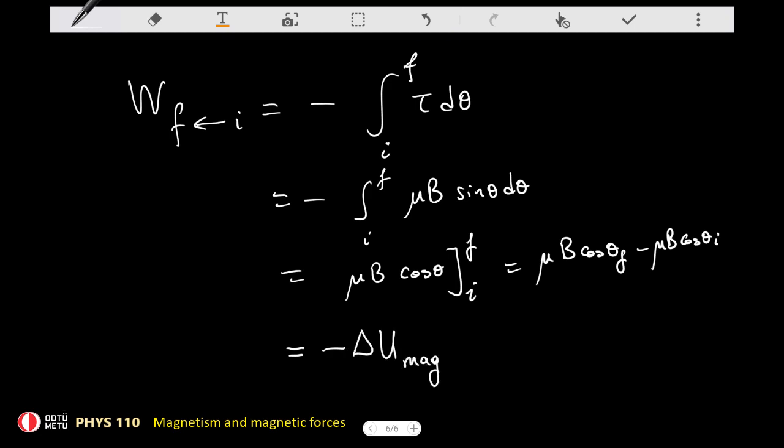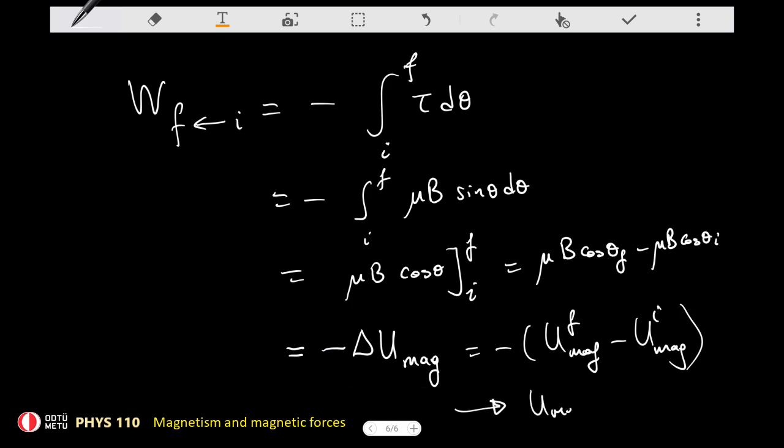So the work done is equal to the negative of the change in the potential energy. So this is the final magnetic potential energy minus the initial one. So you can see from here that we have to define the magnetic potential energy as minus mu B times cosine theta. Plus a constant, but we forget about the constant.